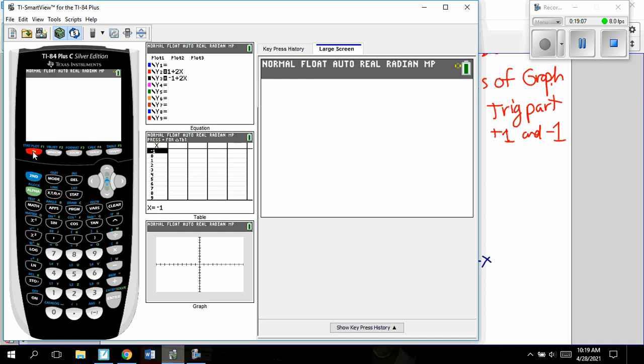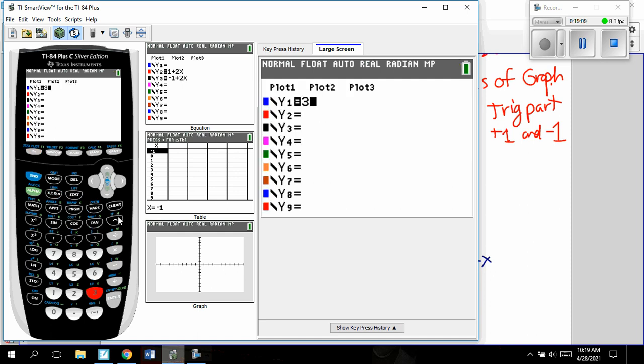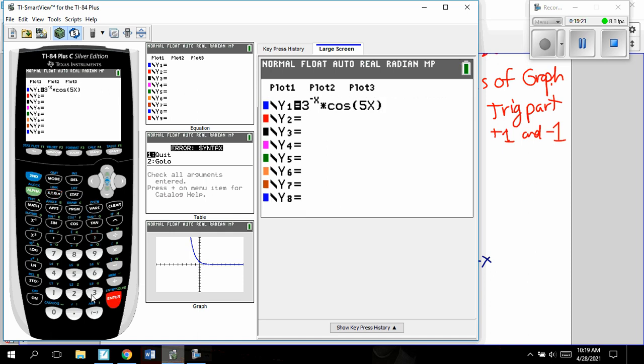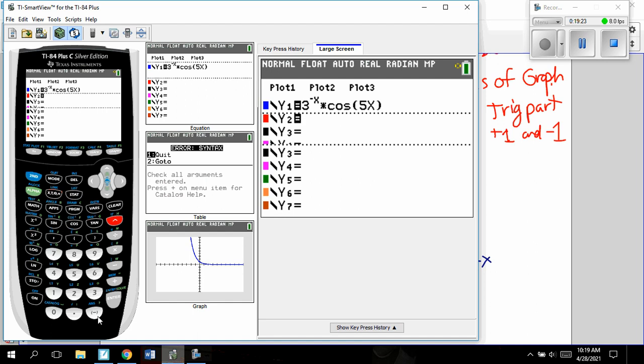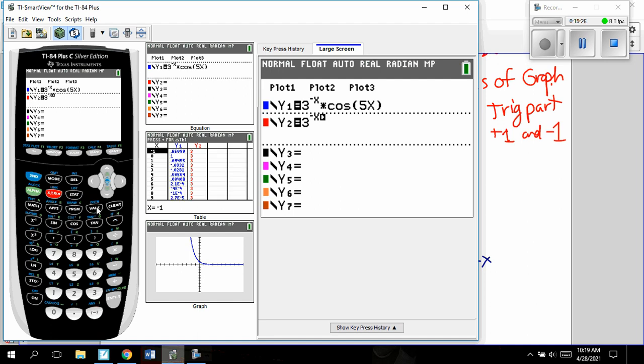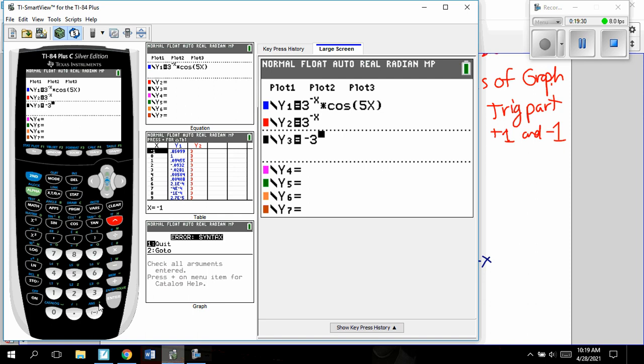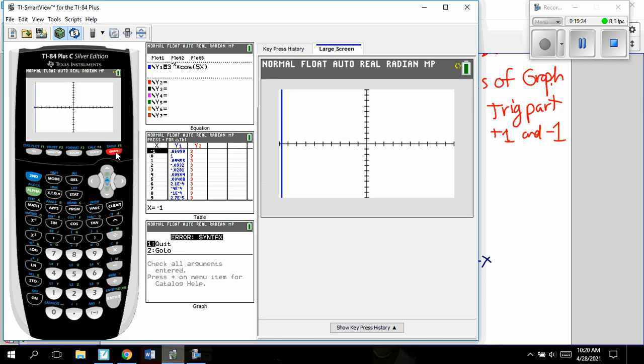Oops, I got it on my y equals. 3 to the -x power, get out of my power, and then I'm going to go times the cosine of 5x. Make sure I close it. Okay, and then my dampened were 3 to the -x and -3 to the -x. There we go. Hopefully that works.